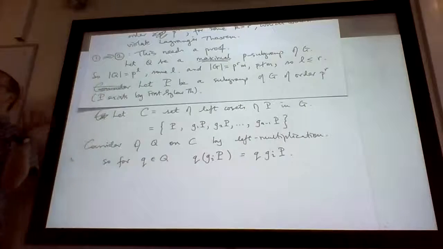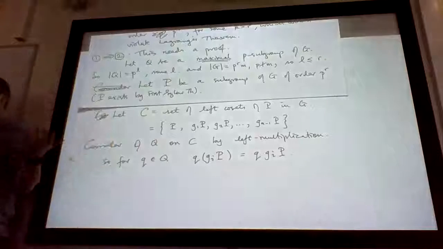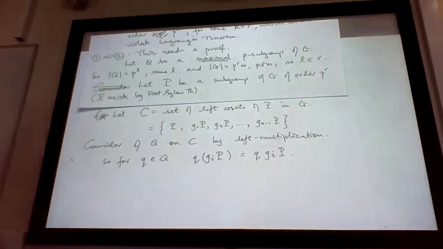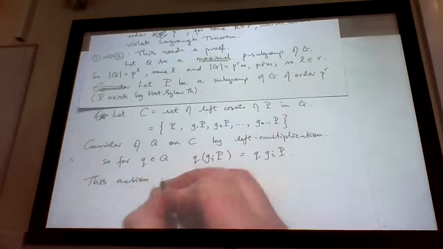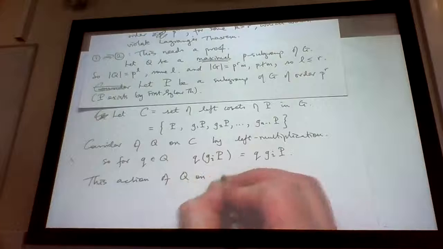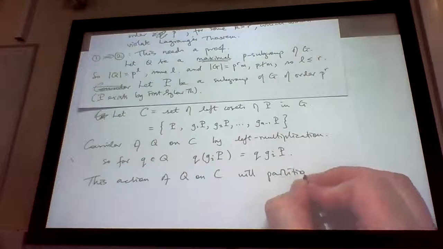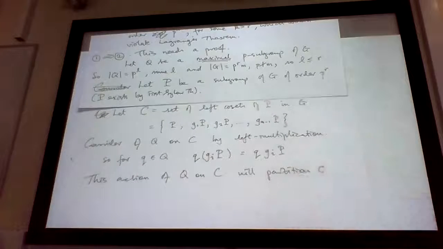But it's just this general idea of counting the size of a set according to the partition that you get on the set from the group action. So this action of Q on C will partition C. We already know there are n things in C.